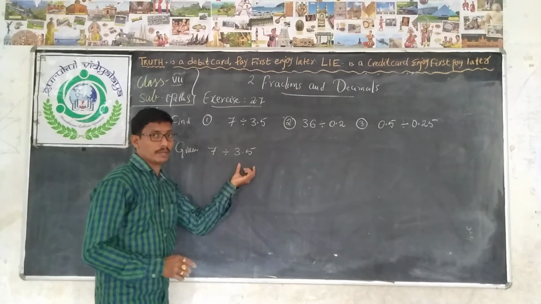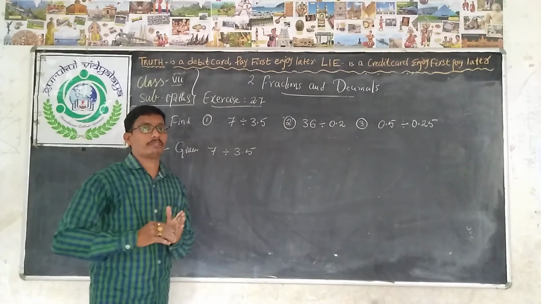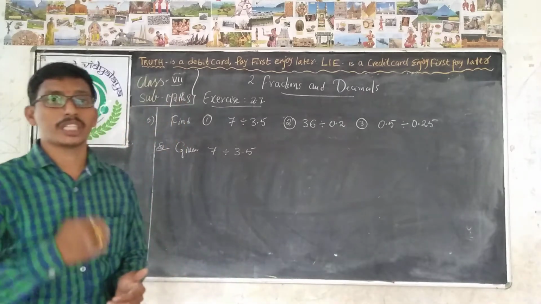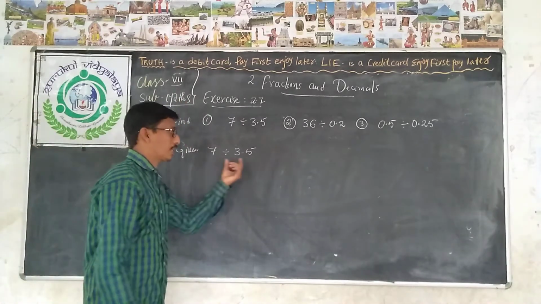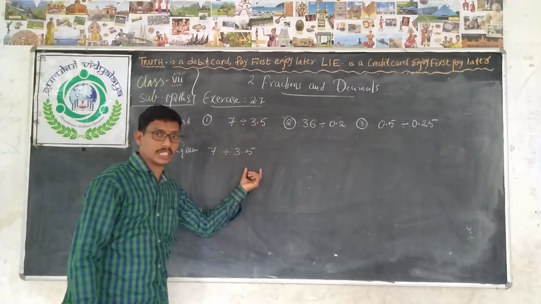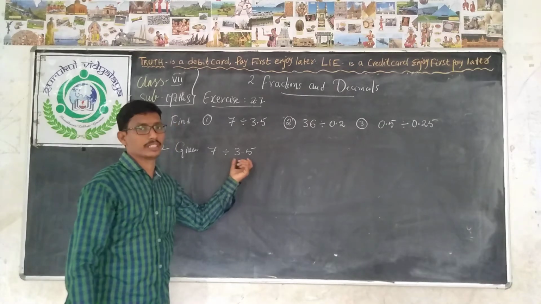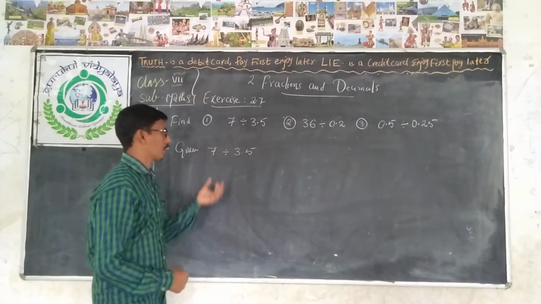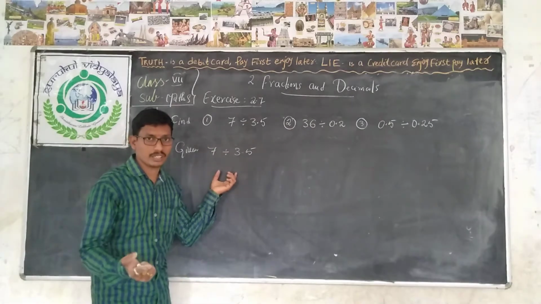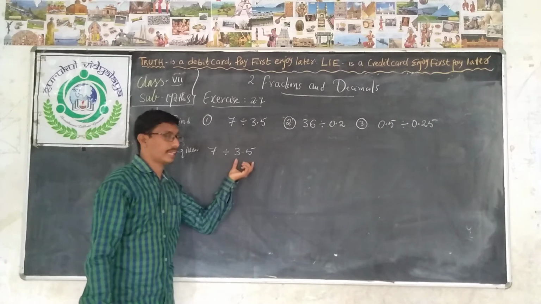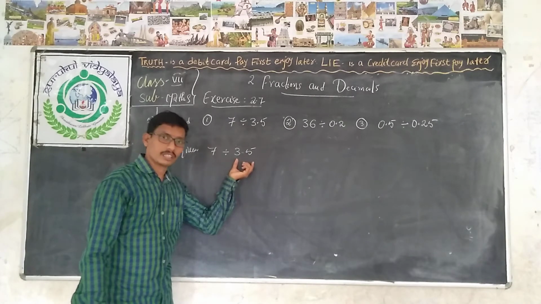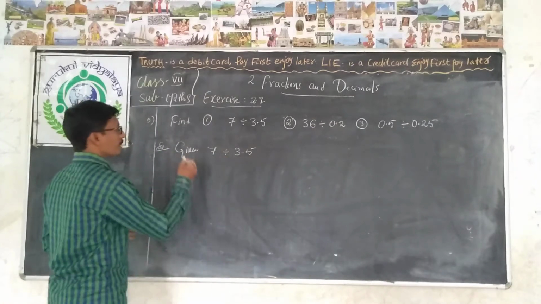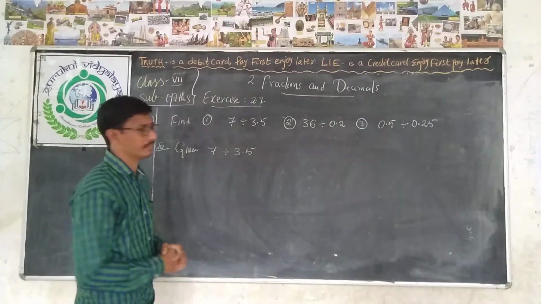But when we are converting the division into multiplication, which term will be changed? The second term will be the reciprocal. Keep that in mind, all of you. So whenever you are converting the division into multiplication, the second term becomes the reciprocal. Okay. 7 divided by 3.5.